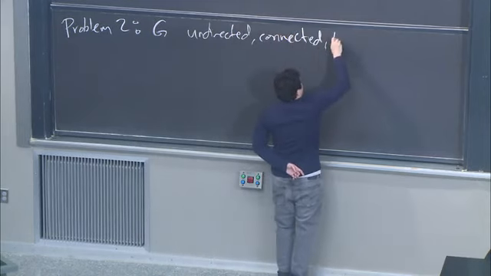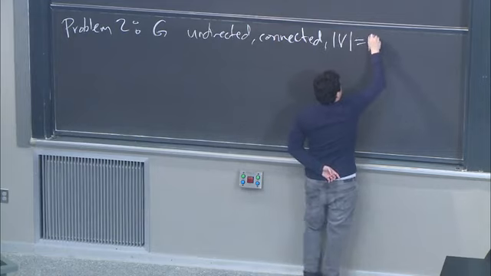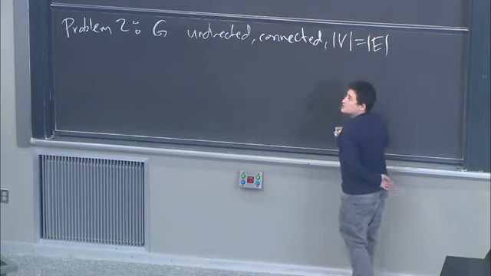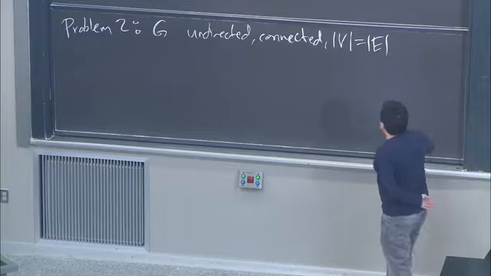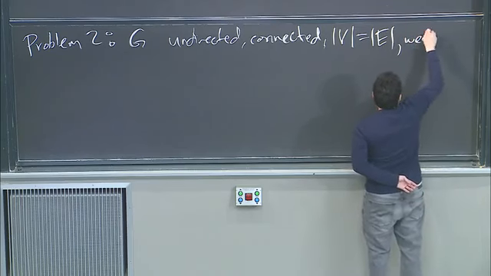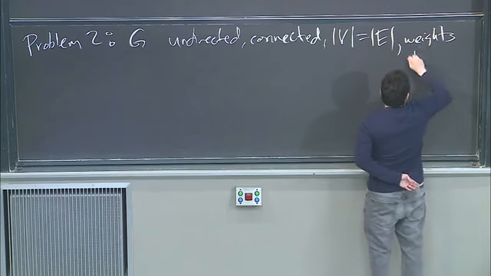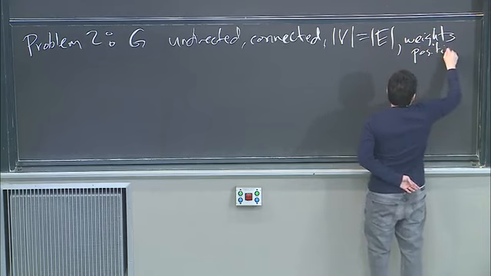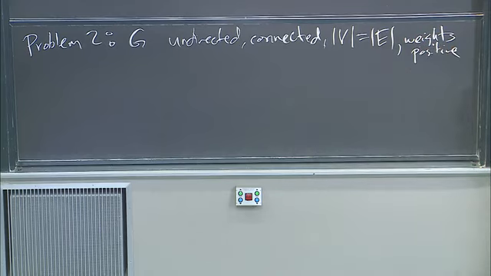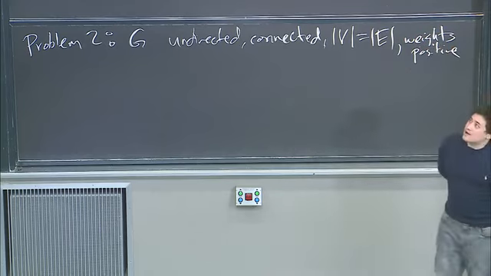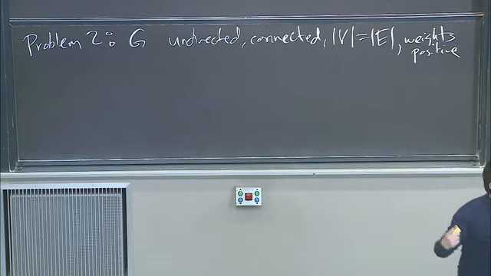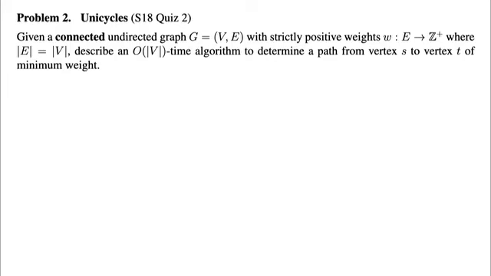It has this weird property that V equals E, or E equals V, and weights are positive. And we're asking for a single pair shortest path, right? We want a path, a shortest path, between two vertices.